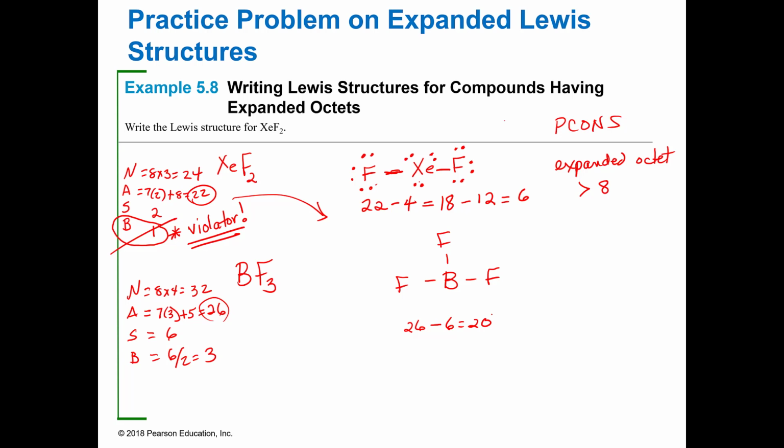Wait, let me make sure this number's right. 7, 14, 21, 26, 8, 16, 24, 32. So there's 3 bonds. So 2, 4, 6. And then 1, 2, 3, 4, 5, 6, 7, 8, 9, 10, 11, 12, 13, 14, 15, 16, 17, 18. Minus 18 is 2.